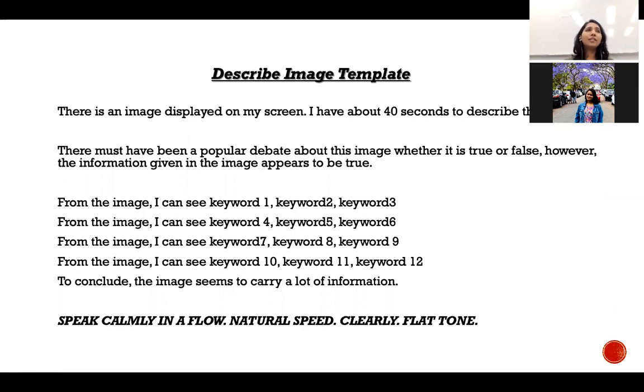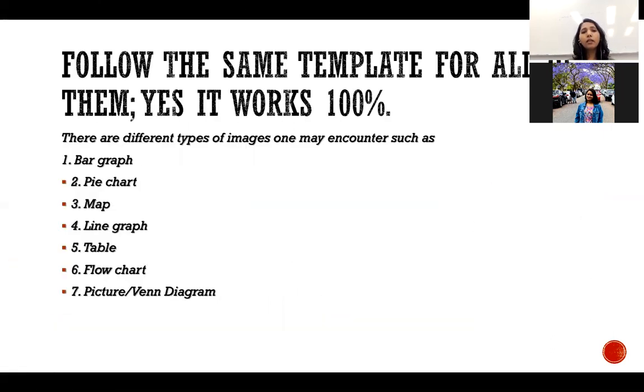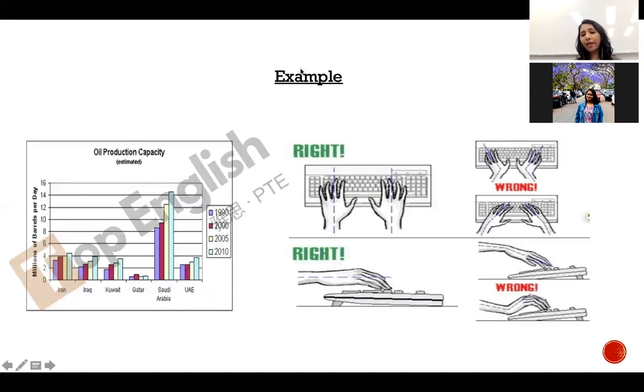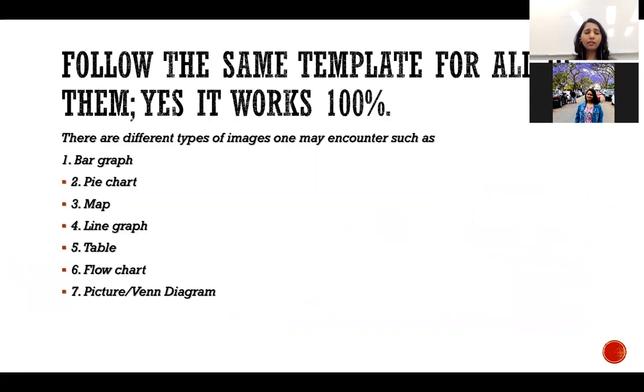Here you will have 25 seconds of prep time where you can make columns and write down your keywords if you want to. So you will have a range of images. You will have bar graphs, pie charts, line graphs, maps, and just random images, and so on.